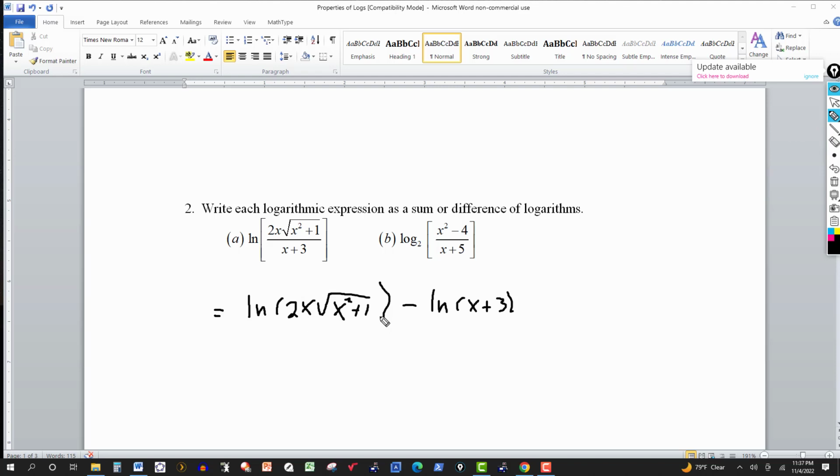And then this one can still be broken down. You can look at this as the log of this product here, the log of 2x times the square root. So that would be the sum of those logs.